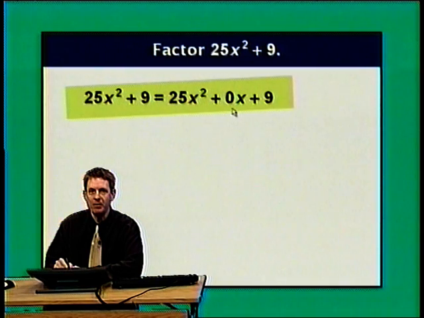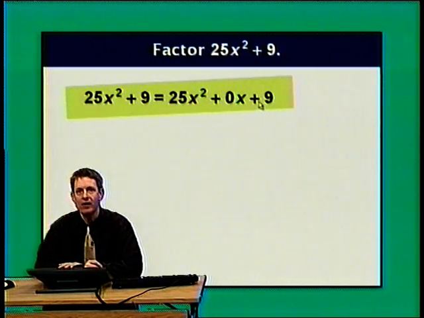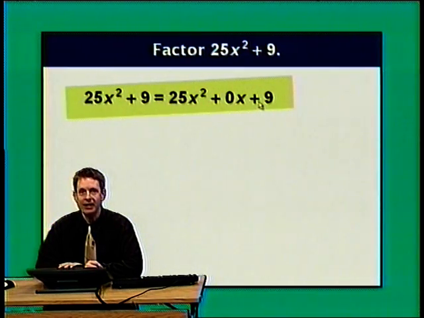There's not going to be such a pair, because if the integers multiply to 225, they have the same sign, and if you add two integers with the same sign, you're not going to get 0. You're either going to get plus plus plus, which is plus, or minus plus minus, which is minus. Either way, you're not going to get 0.